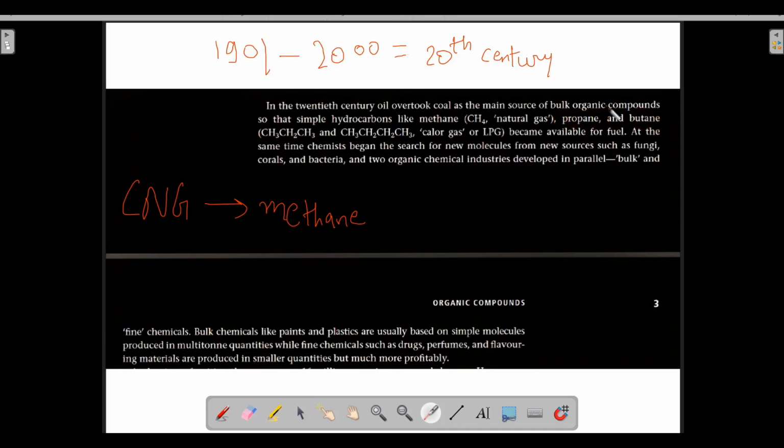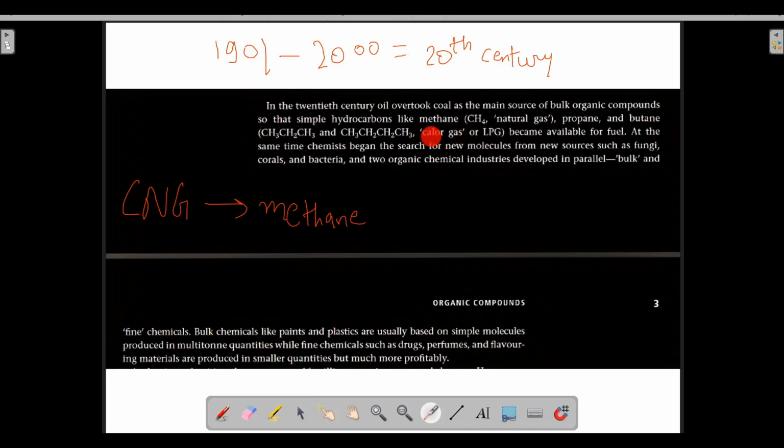This mixture of propane and butane is called calor gas or LPG. The LPG cylinders at our homes contain propane and butane. LPG means liquefied petroleum gas, and calor gas is the same term.